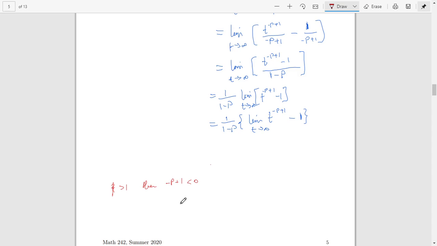I hope that makes sense, because p is bigger. So if that is the case, then this term becomes a fraction because of the negative exponent.